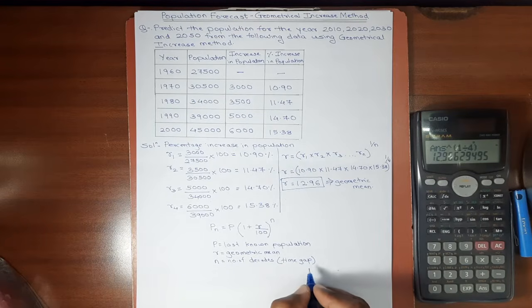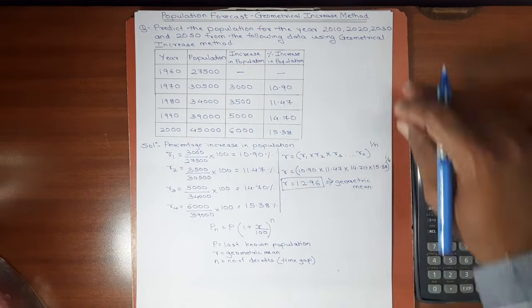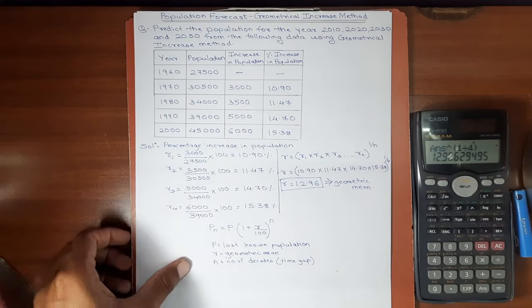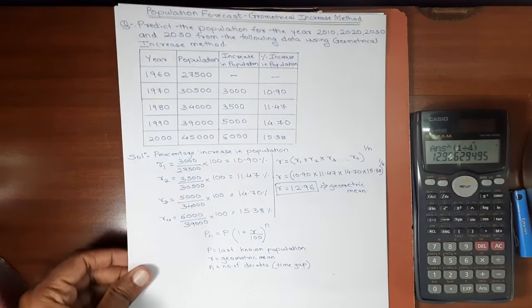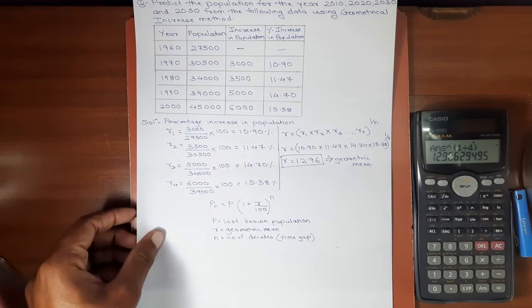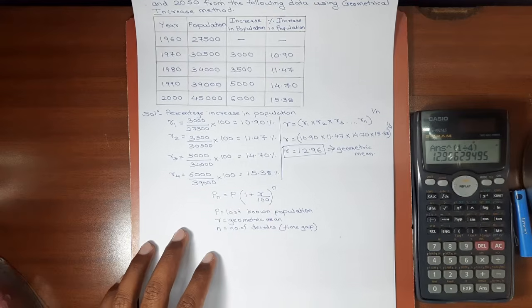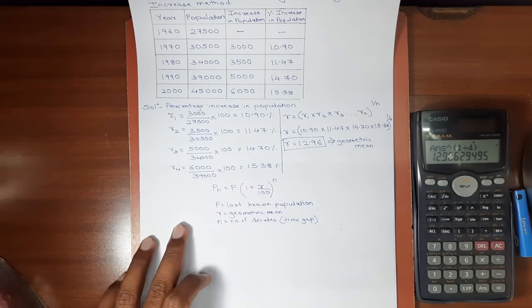I'll explain this further while we are calculating the values. Okay, so the first thing that they have asked is the population for the year 2010. So by using this formula, we'll proceed towards calculating the value for the year 2010.